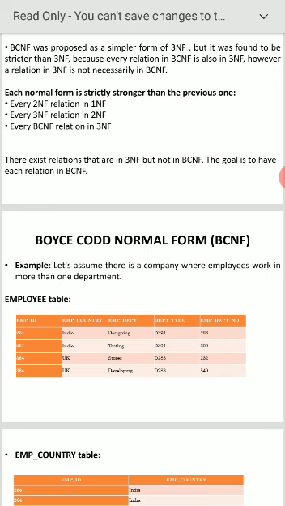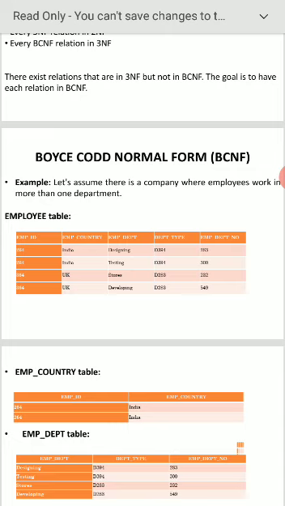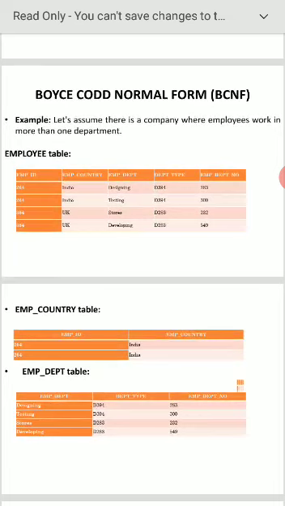Here this table will be decomposed. Here I created an employee country table. I have taken only employee ID and employee country. This table contains only employee ID and employee country: 264 India, 264 India. This is one subtable. I have taken another table here, the employee department table.